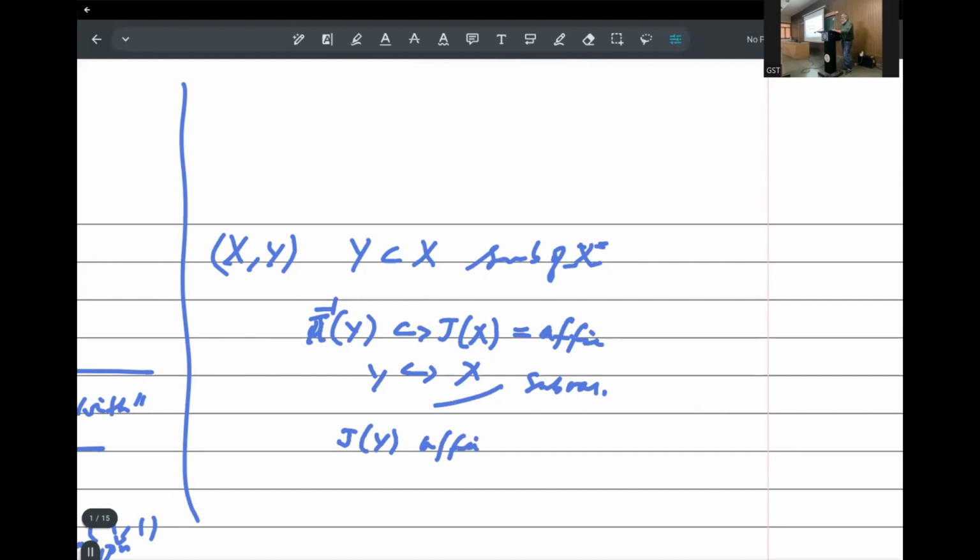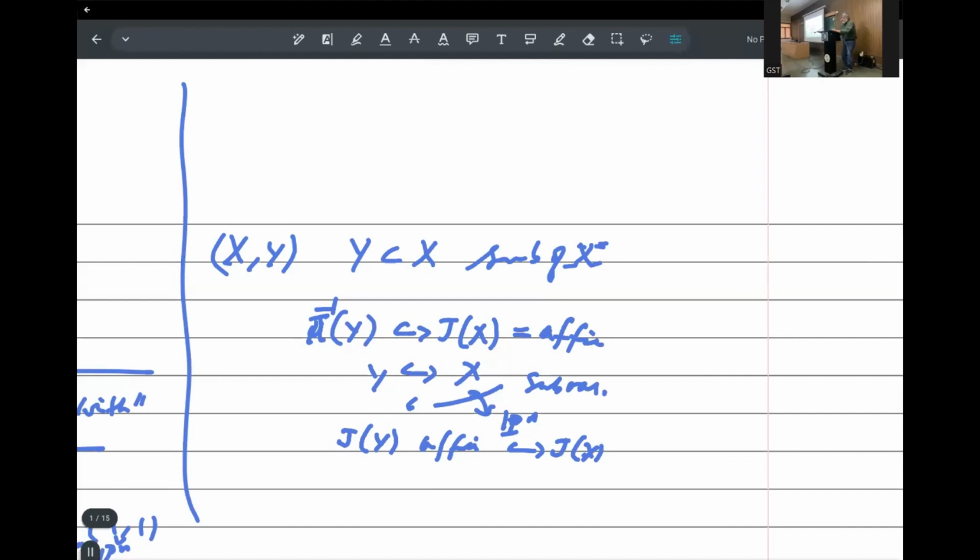You embed X itself in projective space and do the construction for J of Y. So J of Y is affine. J of X may not be; we don't know whether it's affine or not. Well, actually it is. So you can assume X and Y are affine. Maybe that's all I'm saying.